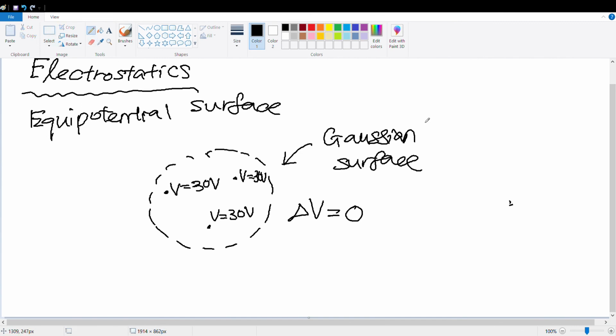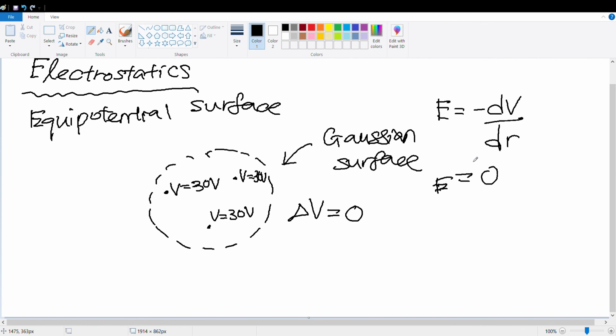We know from the previous parts that the electric field strength is equal to the negative differentiation of the electric potential. Since there is no change in electric potential in this region, the change is 0, hence the electric field strength is 0. This we know, as we discussed in the previous parts.